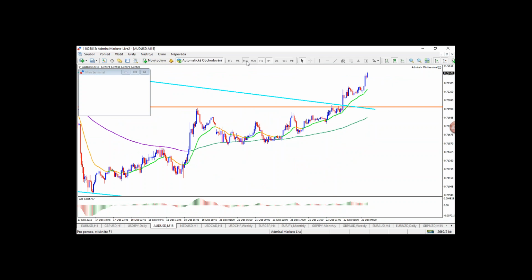Well, with this breakout, it certainly seems that there could be a pullback, a continuation, but price is really pushing a lot at the moment.